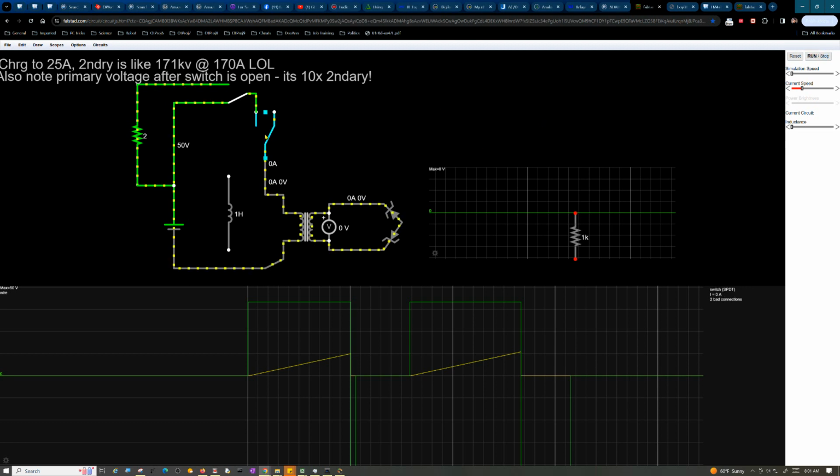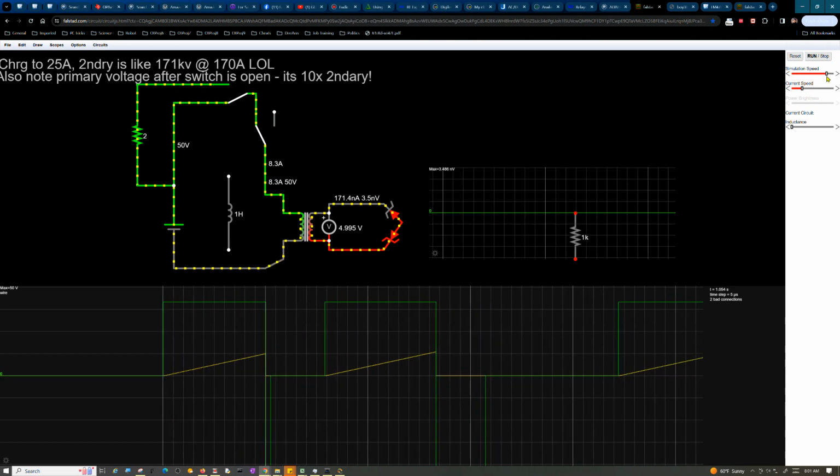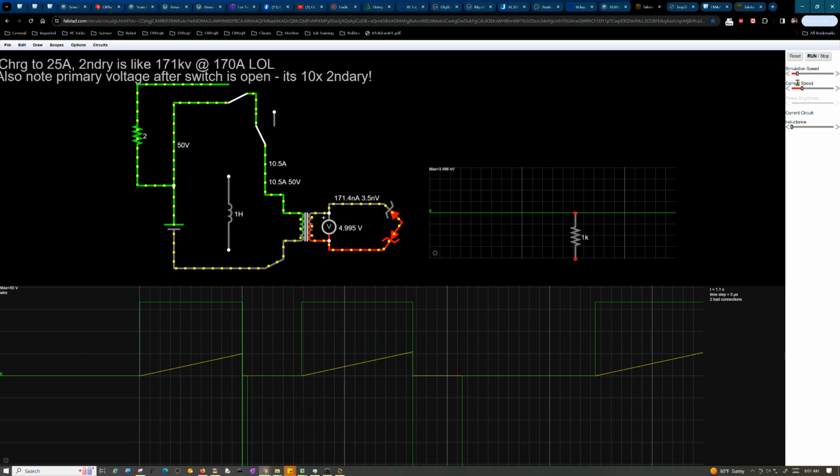So let's go ahead and charge this up again to 10 amps. Okay, good enough. Now let's go ahead and open the switch and see what happens.